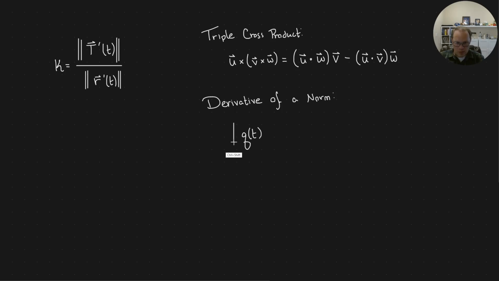Okay, now we're going to take the norm of q of t. Let's look at the derivative of this. Okay, it turns out that if we take the derivative of this, what we get is q of t dotted with the derivative of q of t all over the norm of q of t. Okay, now this one I will derive for you. All right.